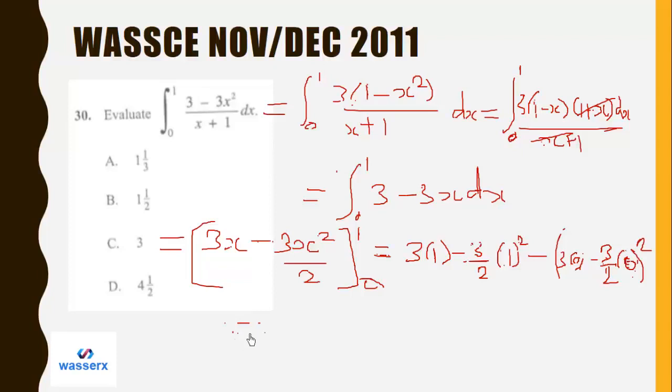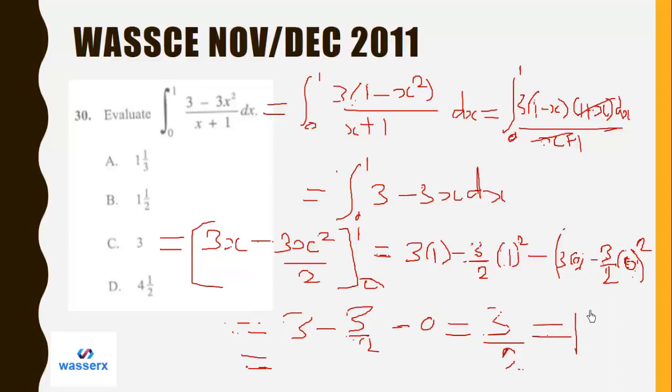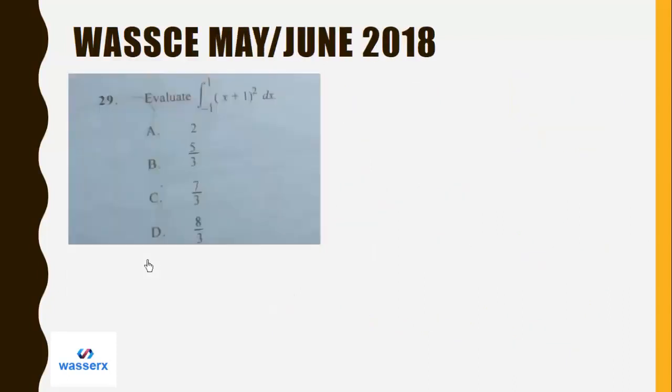Now we simplify further to obtain 3 minus 3 over 2 minus 0. Everything here will give us 0. Now 3 minus 3 over 2 will give us 3 over 2, which is the same as 1 and 1 over 2. So the correct answer is option B.